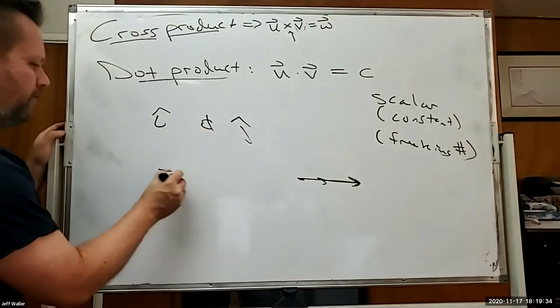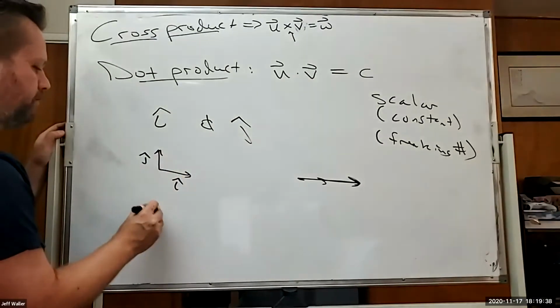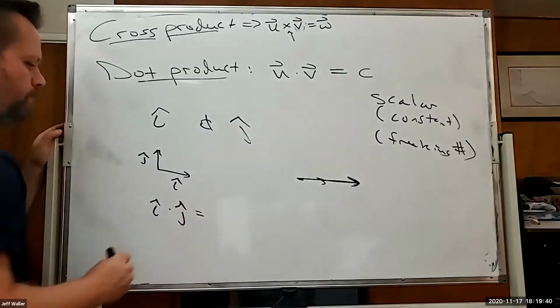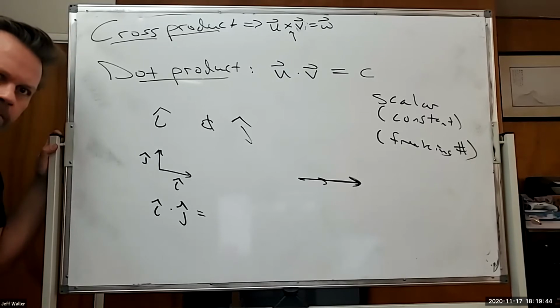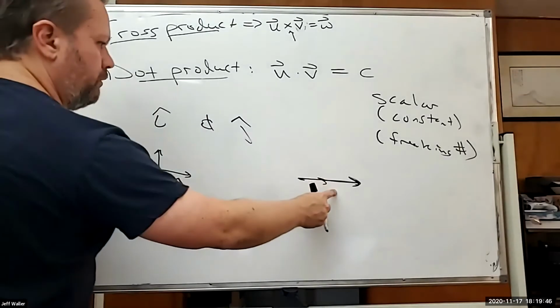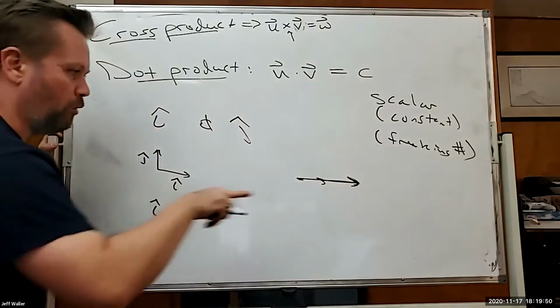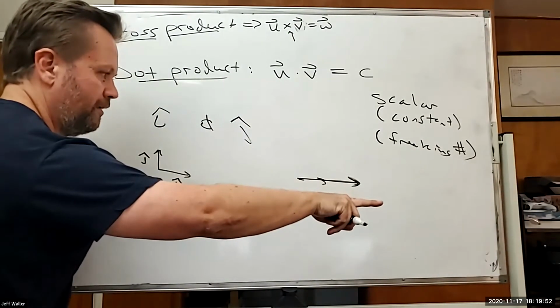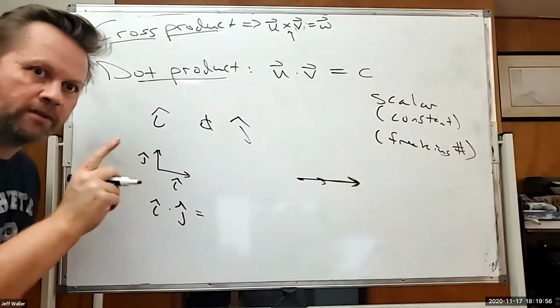What do you think about the vectors i hat and j hat? What would their dot product be? If this is maximal because they totally agree with each other, do these agree with each other at all? Do they have any component going in the same direction as the other?